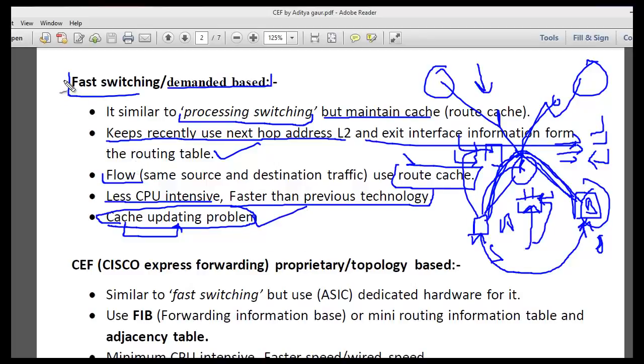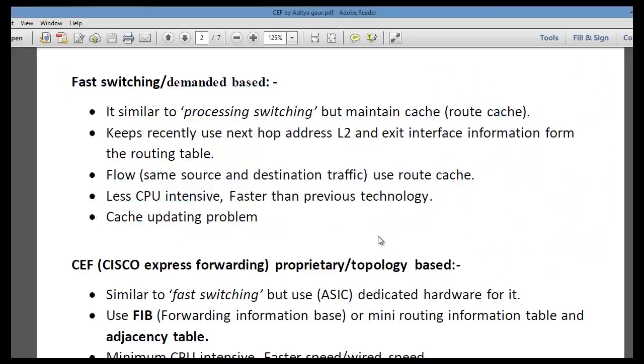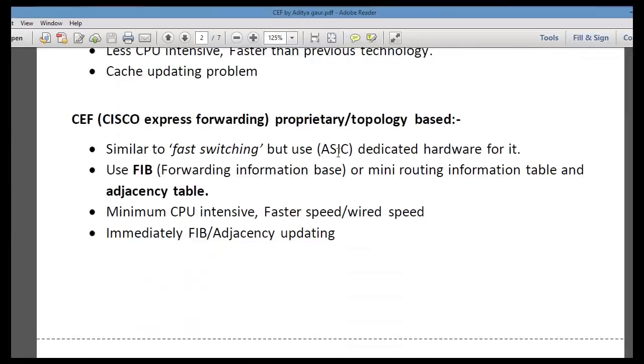So this is a little bit of a problem, not a large problem, not a big deal, but yes, there was. Fast switching is obviously faster than the previous switching technology. Later on, Cisco used their own proprietary technology known as Cisco Express Forwarding.